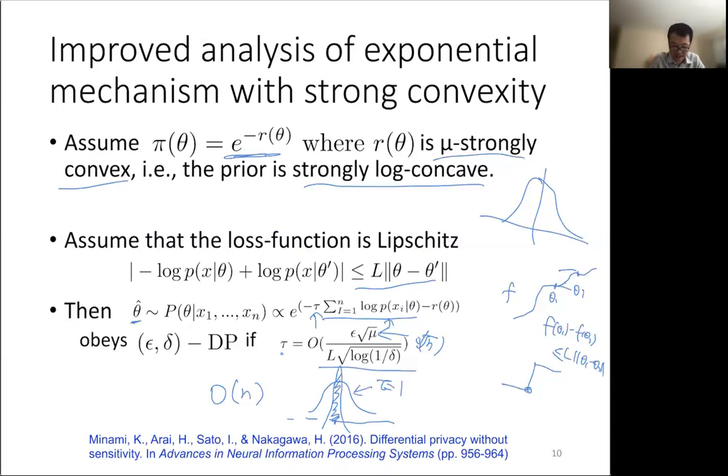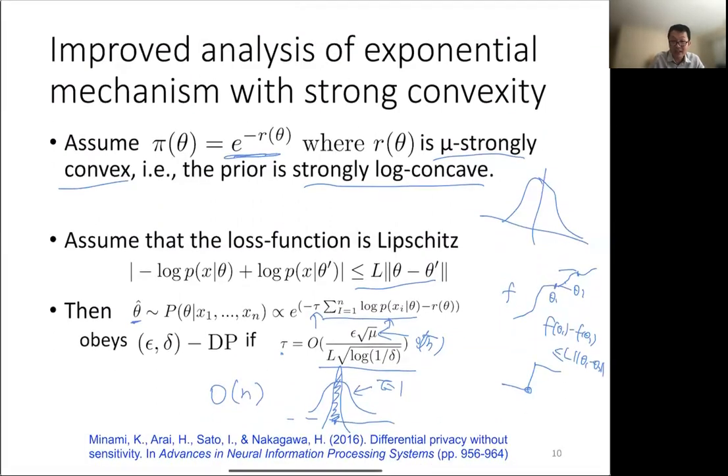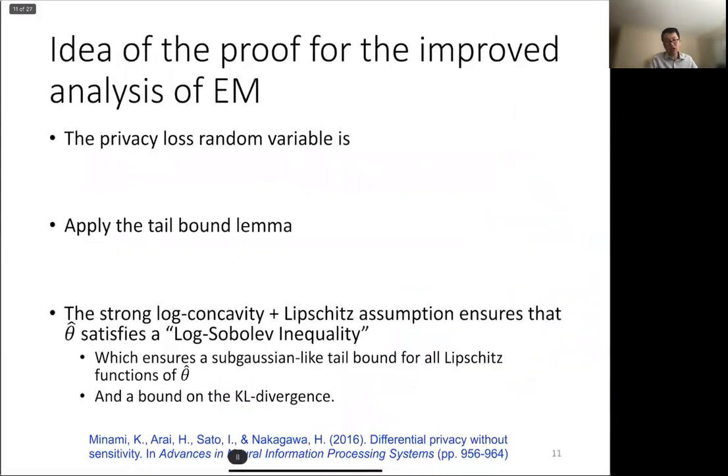This is nice because we can afford to get multiple samples from the actual posterior distribution without blowing up the privacy. Or we could get a more accurate estimate of the posterior mean, so that we end up with an asymptotic efficiency of 1 as n goes to infinity. So everything is quite nice when the prior is nice and the loss function satisfies just the Lipschitz property. So how does it work?